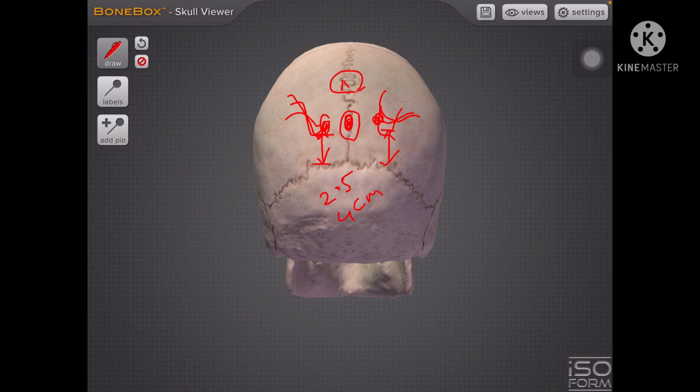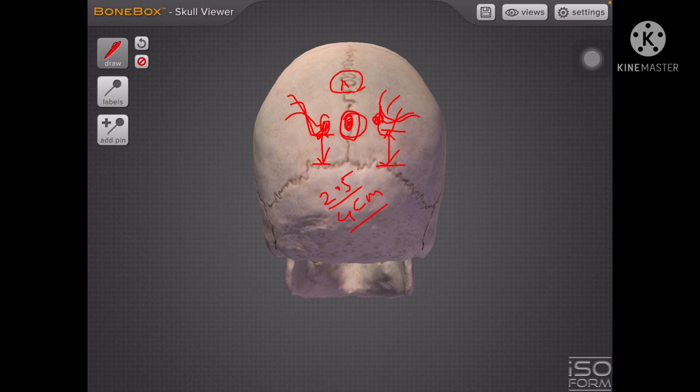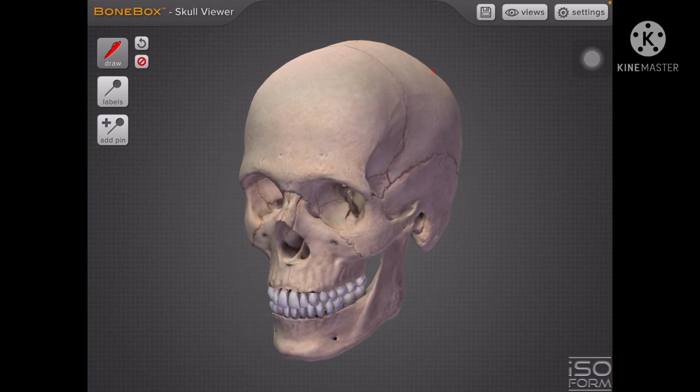This distance is also very much important. These two parietal foramens lie 2.5 to 4 centimeters away from the lambdoid suture, and the point present between the two parietal foramens is your obelion, and the emissary veins pass from these parietal foramens. That is also very important.